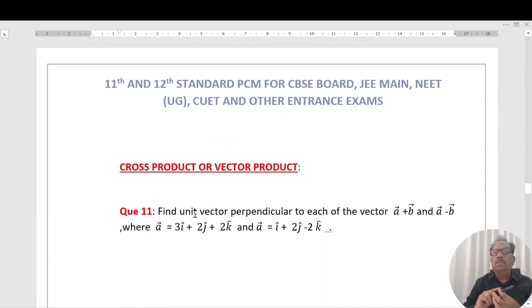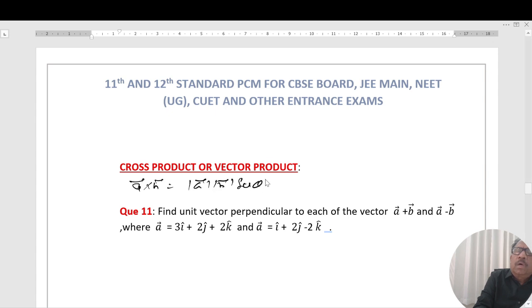Cross product. What is cross product? Vector A cross B is equal to magnitude A, magnitude B, sine theta, times eta. What is this? This is the unit vector.